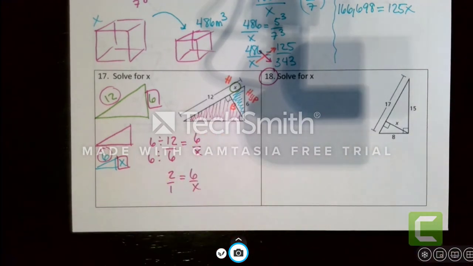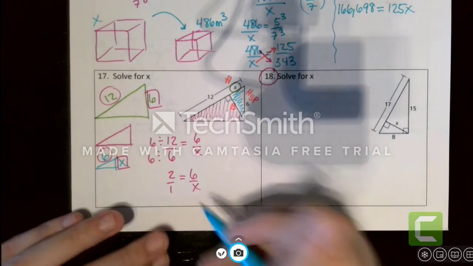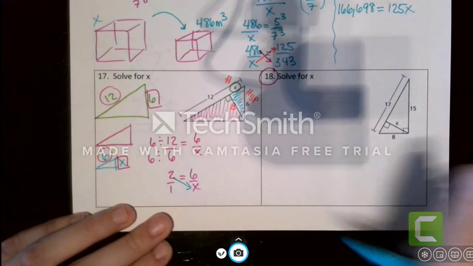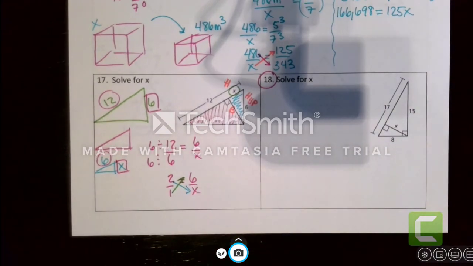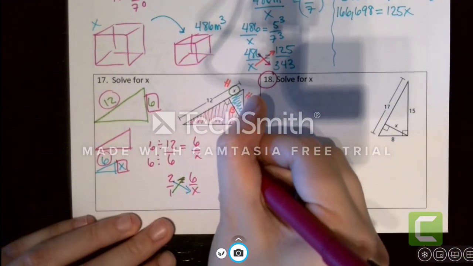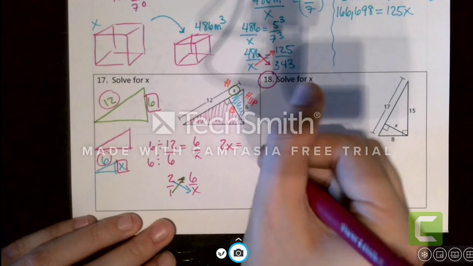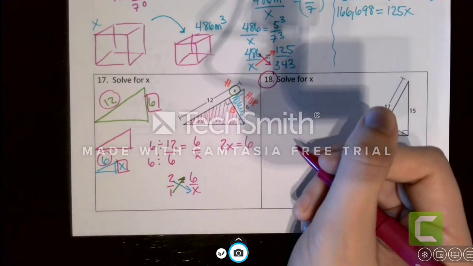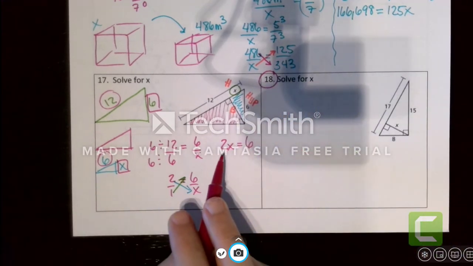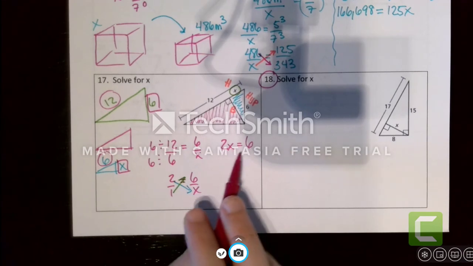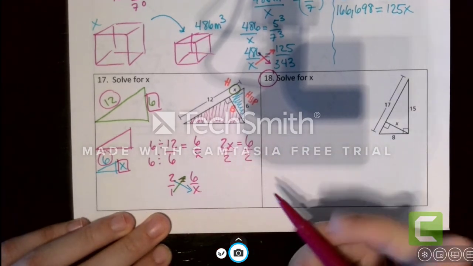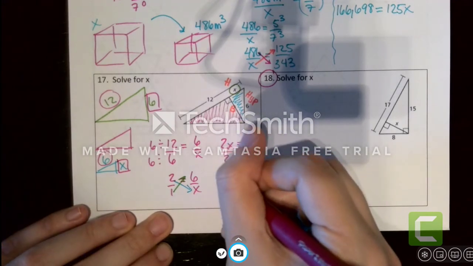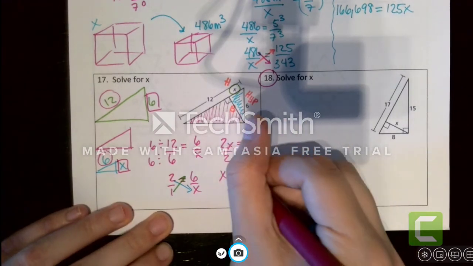Now that it's simplified, you can go ahead and cross multiply. And when you cross multiply, you should have an equation of 2x is equal to 6. Since I'm still multiplying a 2 to my x, I need to divide both sides by 2, which means that your missing value of x is equal to 3.